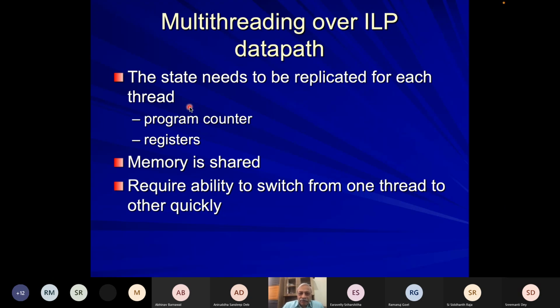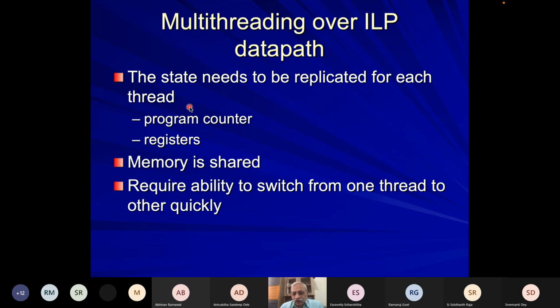What you need here is that each thread which you are trying to execute would need to have its own state. So you have multiple execution units, but each has its own values which it is dealing with, values stored in some register. So you need to replicate that.